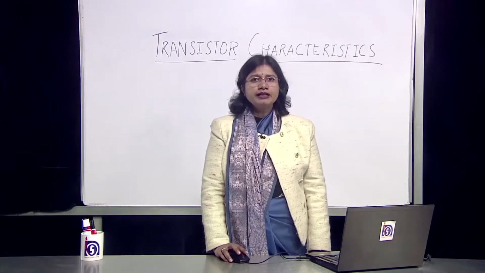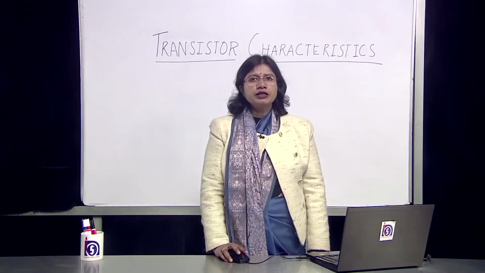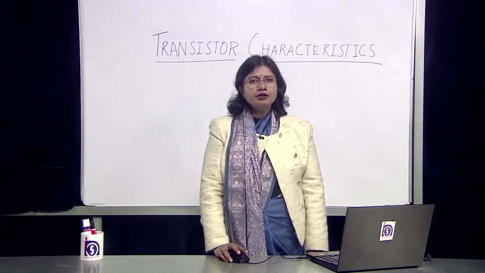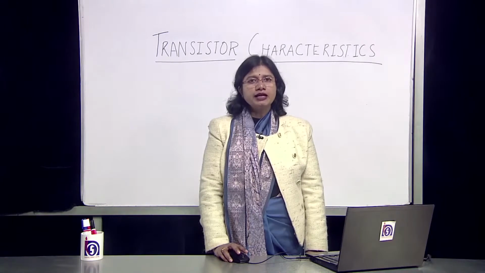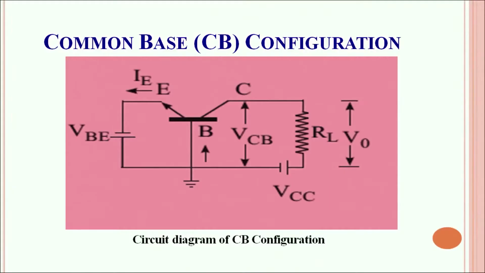Over here, in the common base configuration, the base is common to both the input and the output circuit. Therefore, even though we don't get large power gain or current gain, these circuits are suitable for providing a regulated voltage supply.